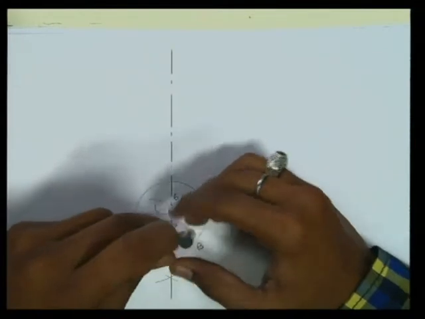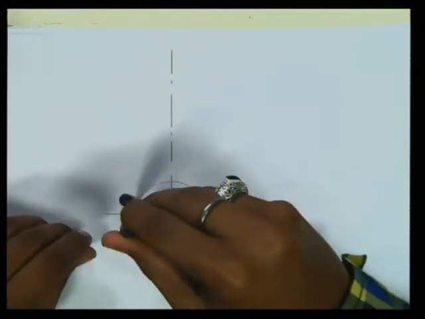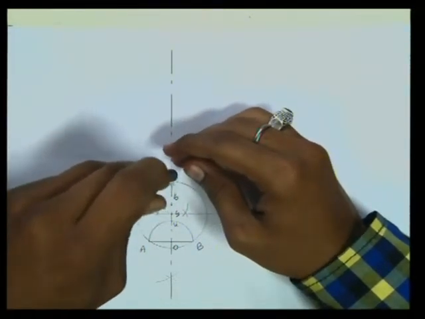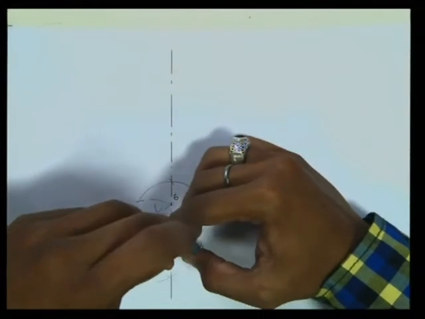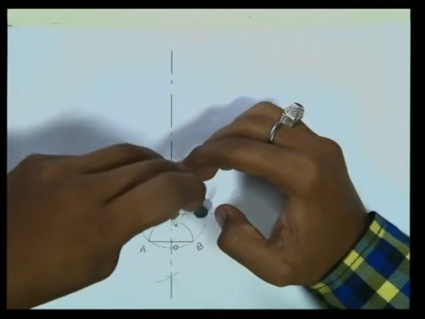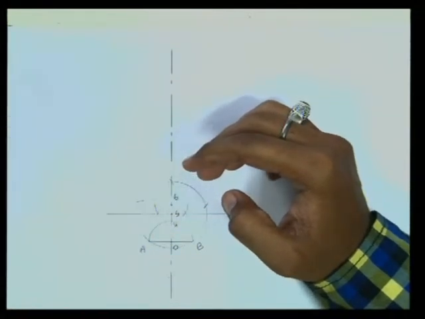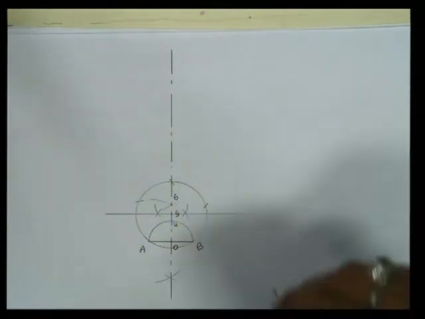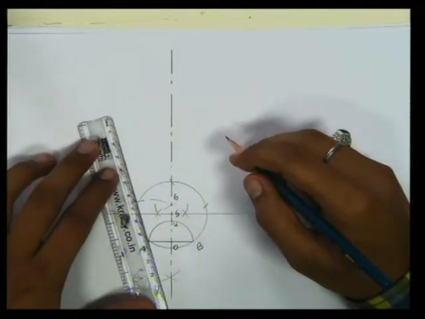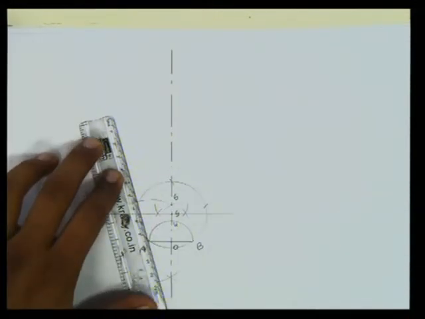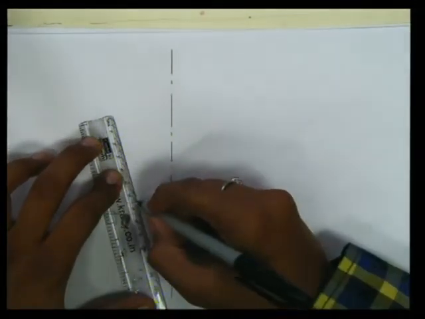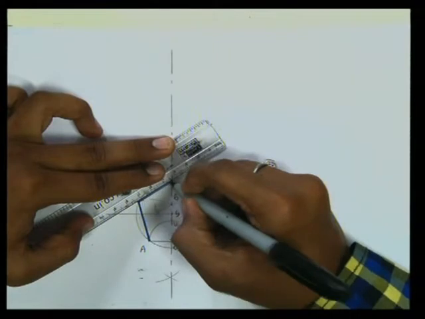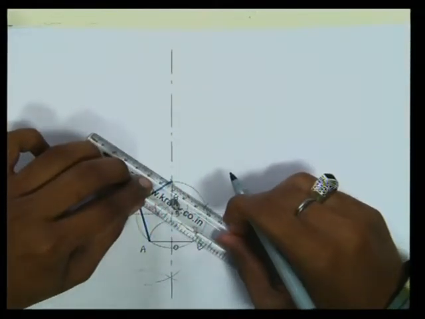Take AB as radius, A as center, mark an arc. Take again AB as radius, marking an arc respectively. Join this arc with a dark line and you will get your desired pentagon, which is inscribed in a circle.